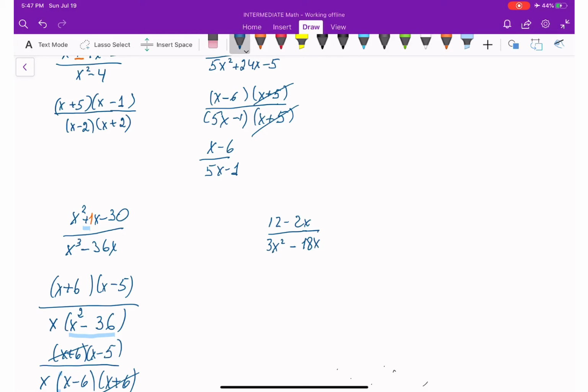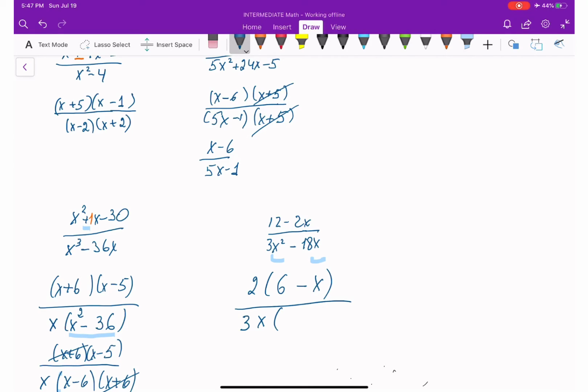12 minus 2x. I can take common factor 2. I will have 12 divided by 2 is 6, 2x divided by 2 is x. So 3x squared minus 18x, common factor between 3 and 18 is 3. And between x squared and x the common factor is x.